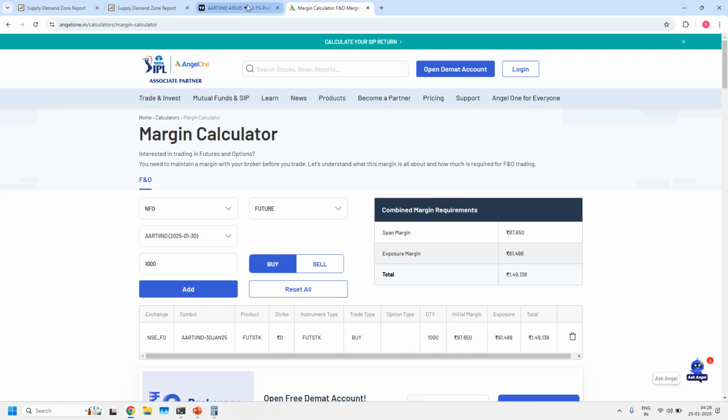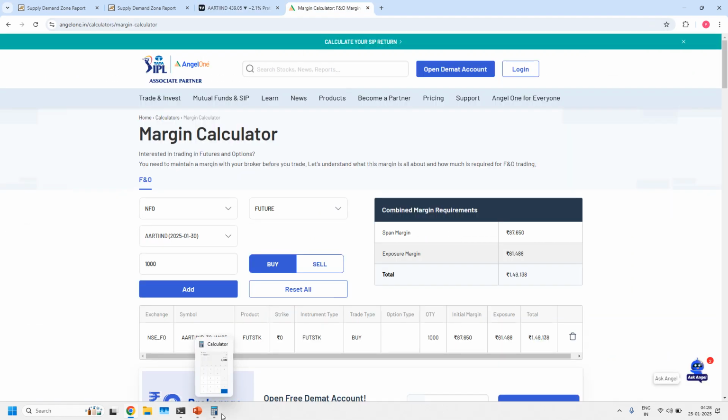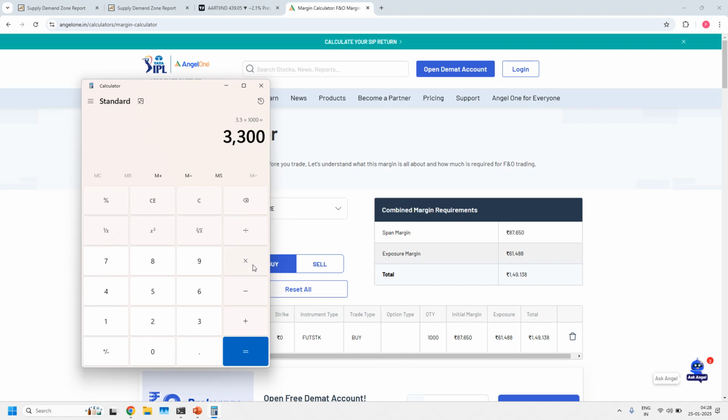Maybe it will be reduced a little bit. By the time it comes down, maybe another 500 or 600 rupees, the current value will go down. So I am calculating a rough value: 3,300 into 100 divided by, say, 1,48,000, maybe less some 400 or 500 roughly.